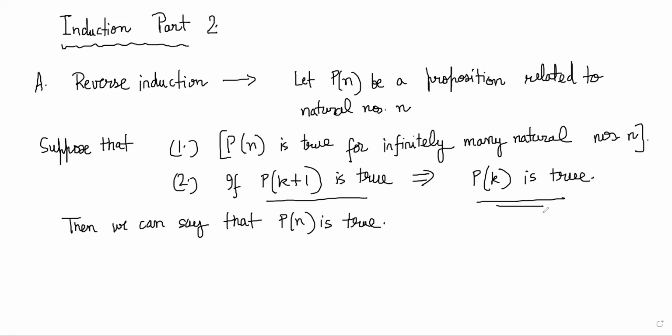And then we can claim that the induction is complete for all natural numbers. That is why it is called reverse induction or backward induction, because you are going from P of k plus 1 to P of k.